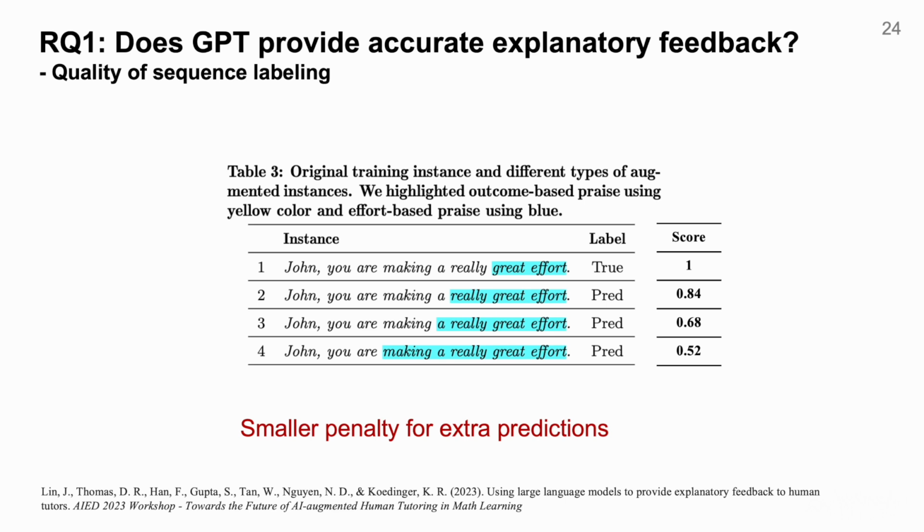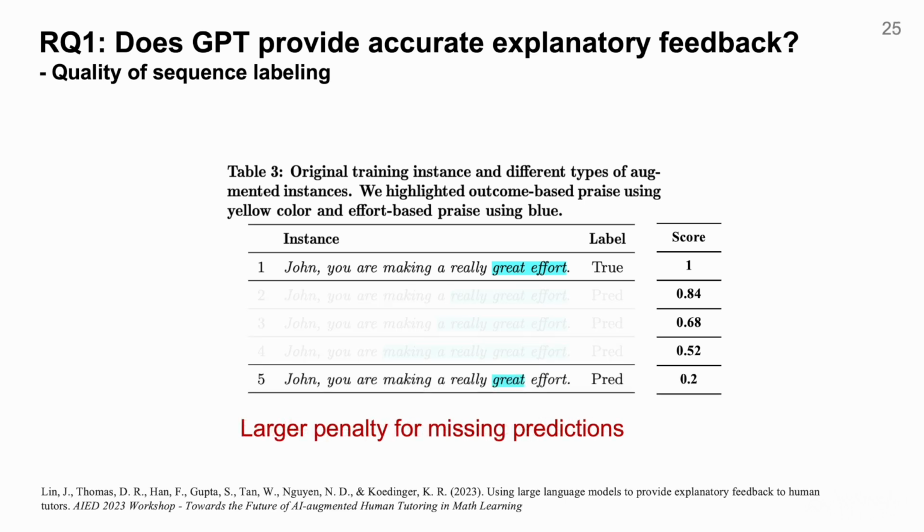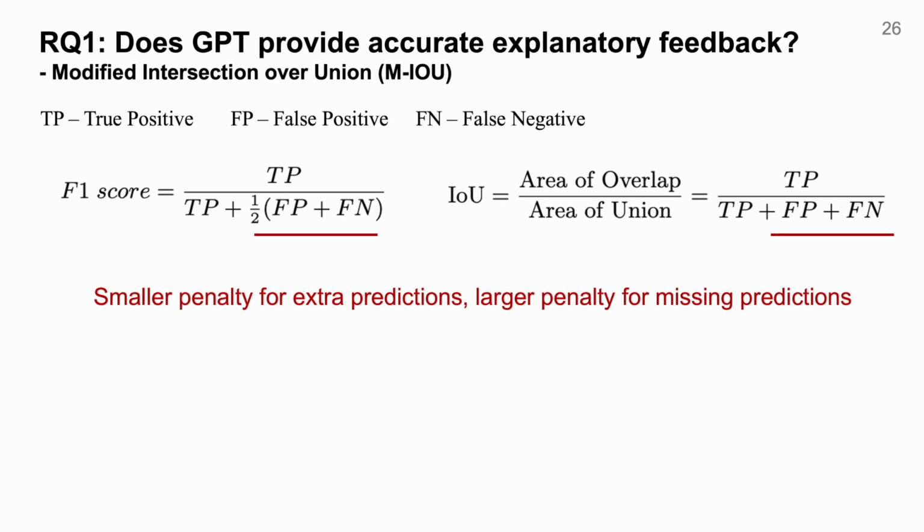So we want to give a smaller penalty for these kinds of extra predictions, as they can still show the meaning of the effort-based praise. But regarding some mispredictions, for example here, "grades," the model can only identify the grades from the response. It is actually a bit unclear what kind of praise it is, so we should put a larger penalty for the missing predictions.